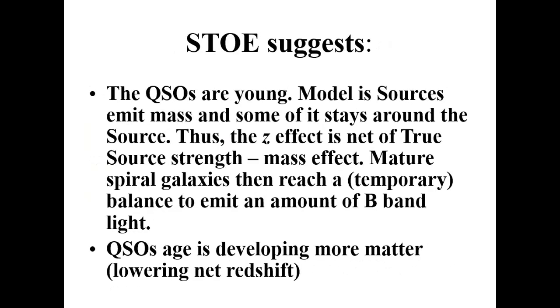The STOE suggests the QSOs are young, just like Hoyle and Arp did. The model is that sources emit mass and some of it stays around the source, thus forming eventually a spiral galaxy. That mass then, as it forms, reduces the redshift that it measures. Thus, the redshift effect is the net of true source strength minus the mass effect.